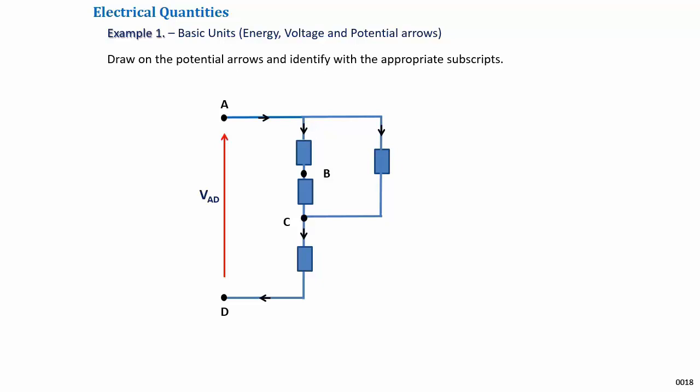Now, taking each element in turn and recognizing that where the current enters the device is the most positive end, we can sketch on all the potential arrows and label the voltages.